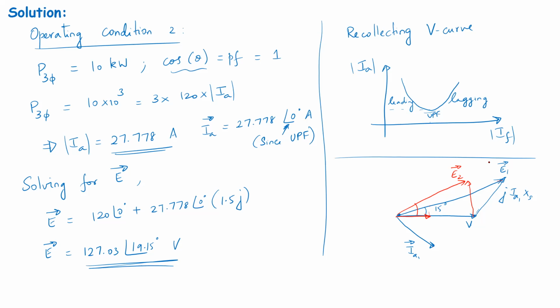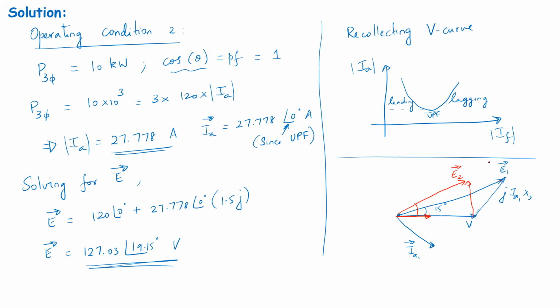This is what I want you to convey in an exam sheet, in an assignment solution. Please do not just solve a few equations, give me a number and say this is what it is. That is okay, that is elementary analysis, but that is not expressing your understanding of the physical behavior of the system.